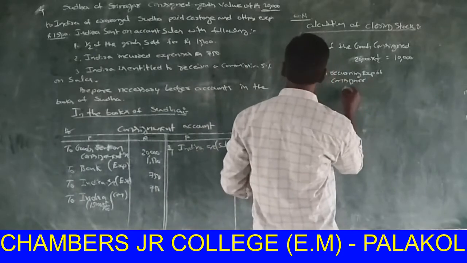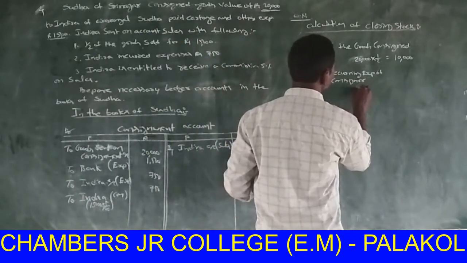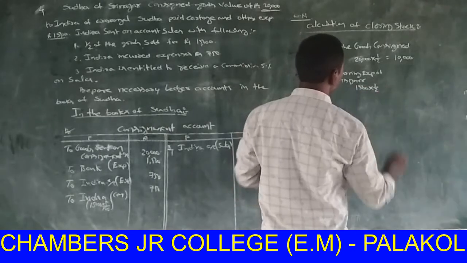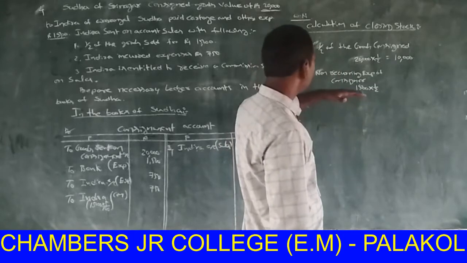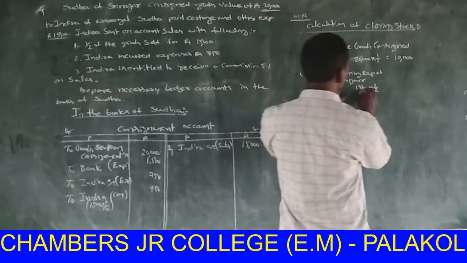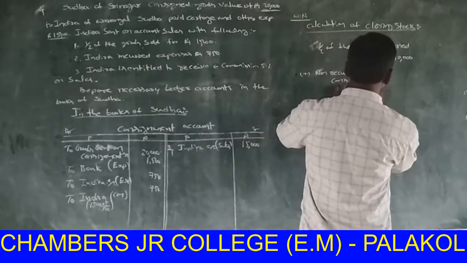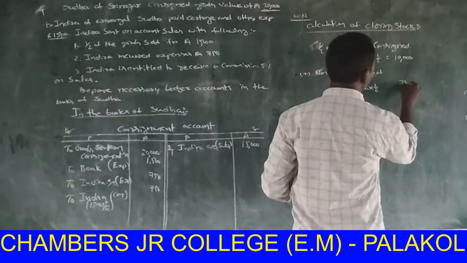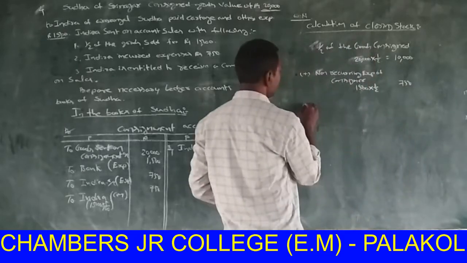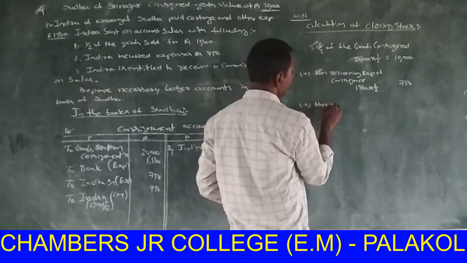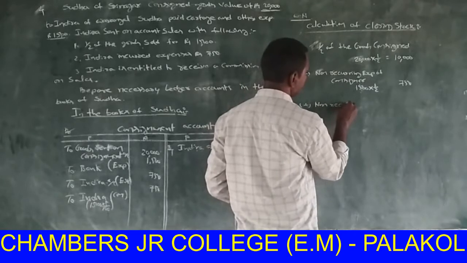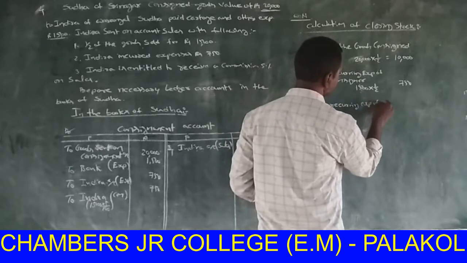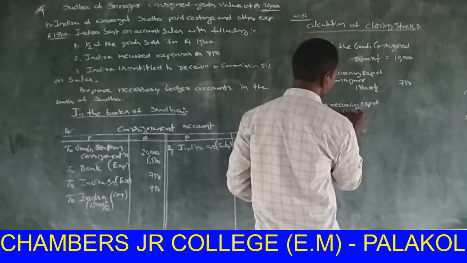The expenses of the consignor are 1,500, so 1,500 into 1 by 2 is the part relating to the unsold goods, that is 750. And non-recurring expenses of the consignee.